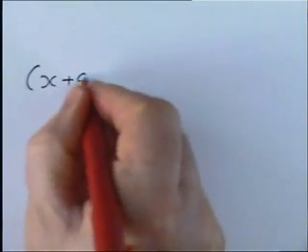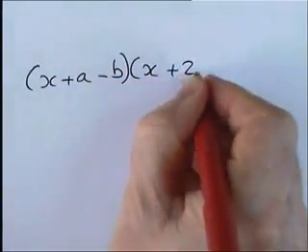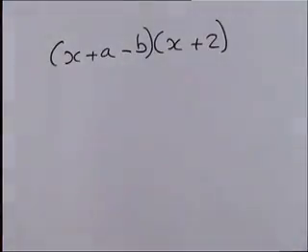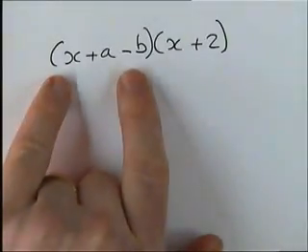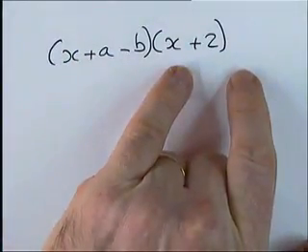This is where students start to get thrown, because if I asked you to do x plus a minus b times x plus 2, you can't necessarily use the methods that you'll use. You can't produce a smiley face because now there's 3 terms in this bracket and 2 terms in this bracket.